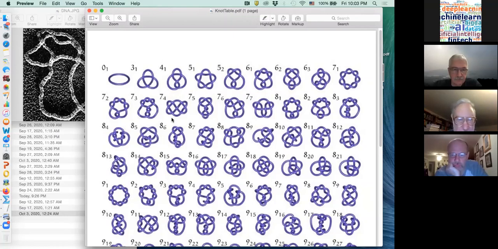Knot tables are very useful for us as sources of exercises. Let me explain. We have worked out the coloring structure for 3-1, that's the trefoil knot, and for 4-1, the figure 8 knot.